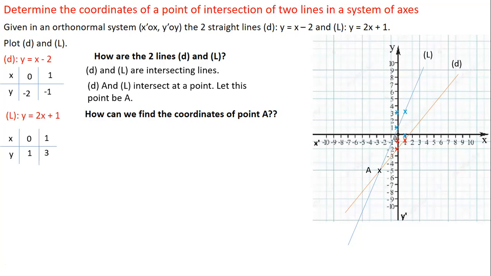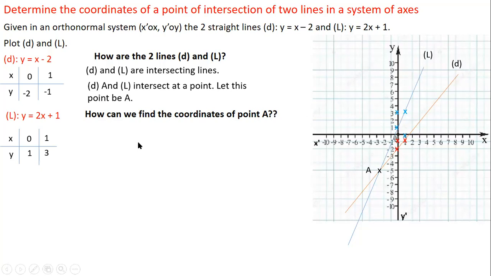It is on line D. It belongs to line D because it is the intersection of the two lines. It belongs to both. It belongs to line D and it belongs to line L, right? Yeah.